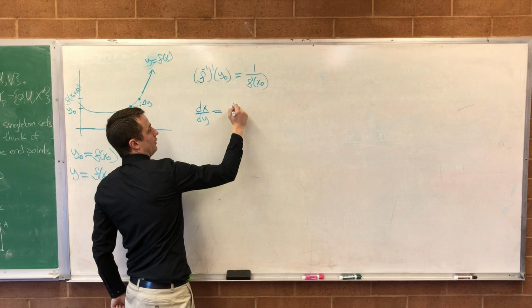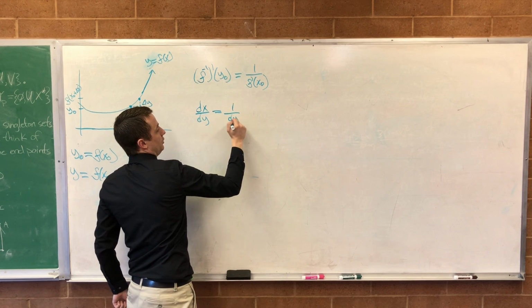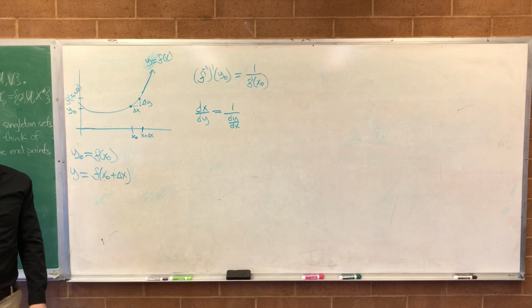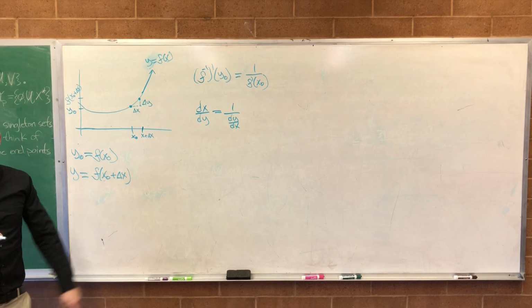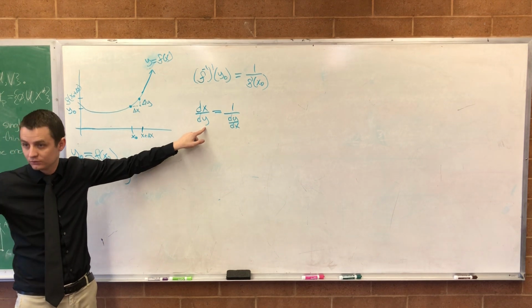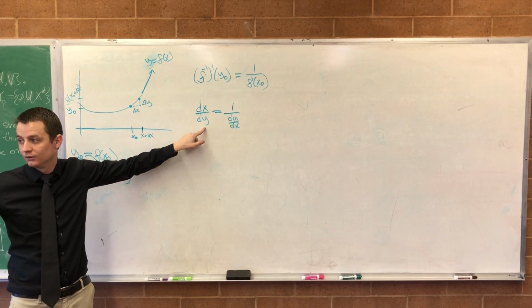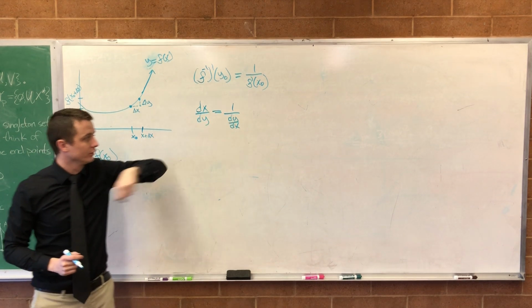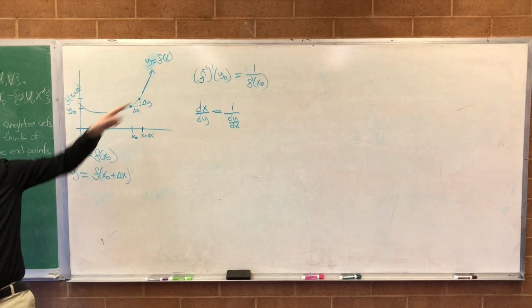And so we can rewrite this as 1 over dy dx. If you express x as a function of y, which is what you do when you write the inverse function, then the derivative of x with respect to y is the same thing as 1 over the derivative of y with respect to x, which is exactly what that's saying.